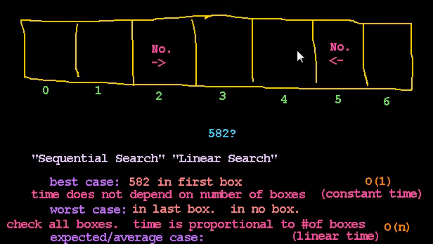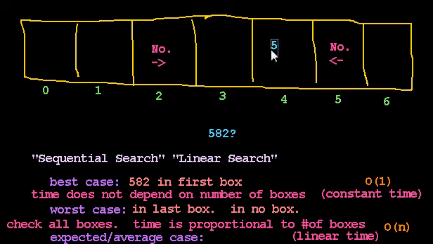And so now we've narrowed it down to only 2 boxes. That wasn't true before. Before, after looking in 2 boxes and not finding it, 582 could still be in one of the remaining 5 boxes. But here, I've checked 2 boxes and I've already narrowed it down, so I know there's only 2 places it could possibly be.